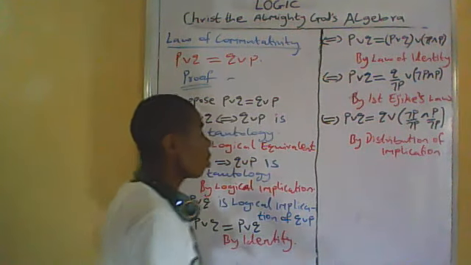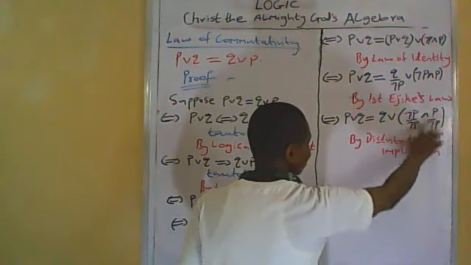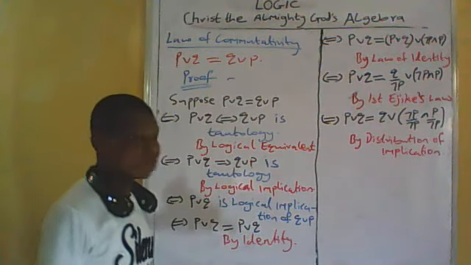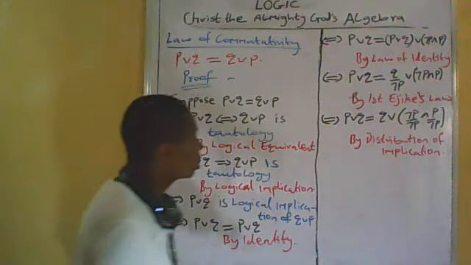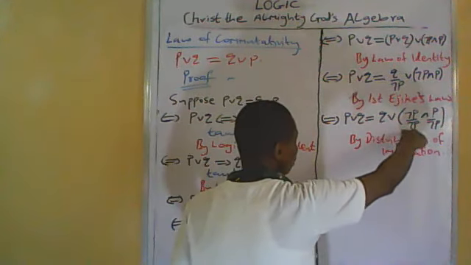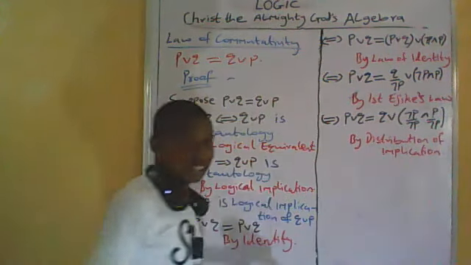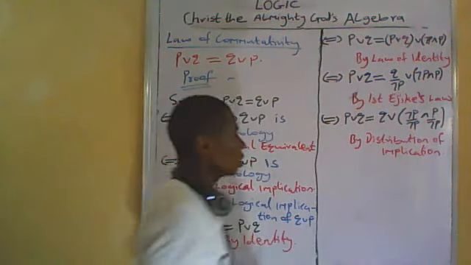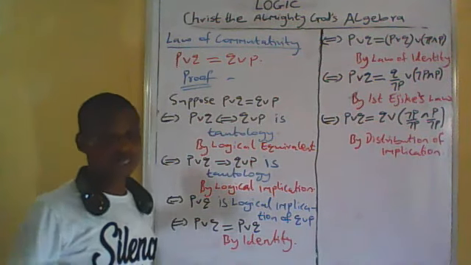We are going to transform these conjunction statements here to disjunctive statements, because this implication which we use to distribute between not P and P was generated from a disjunctive statement. So when you want to reverse it, it's going to also be in disjunctive statement.